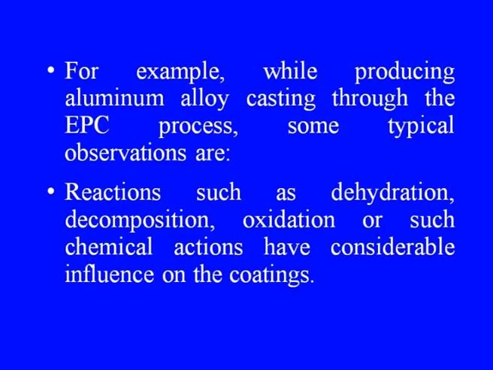For example, while producing aluminum alloy casting through the evaporative pattern casting process, some typical observations could be reactions such as dehydration, decomposition, oxidation, or such chemical actions that have considerable influence on the coatings, and these can be identified easily by using scanning electron microscopes.